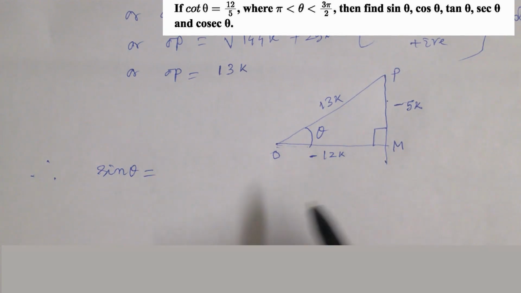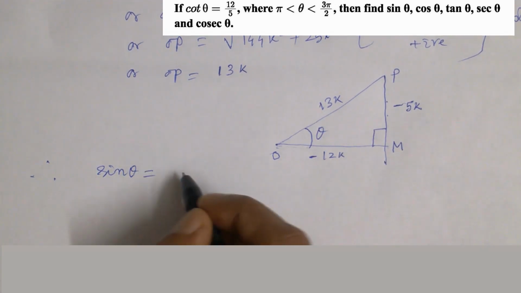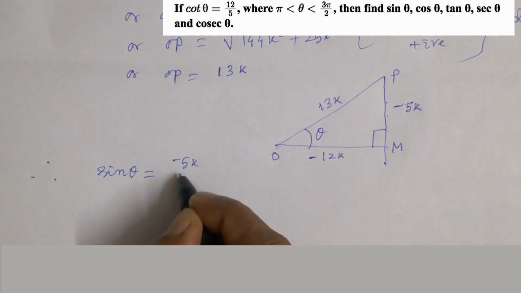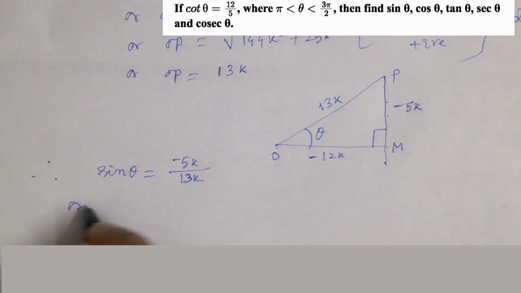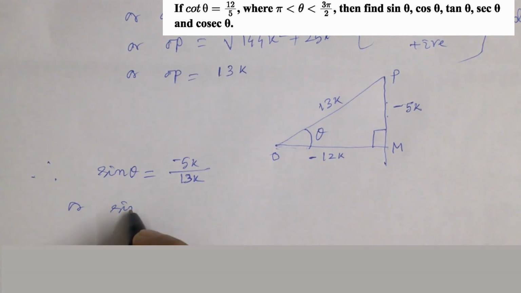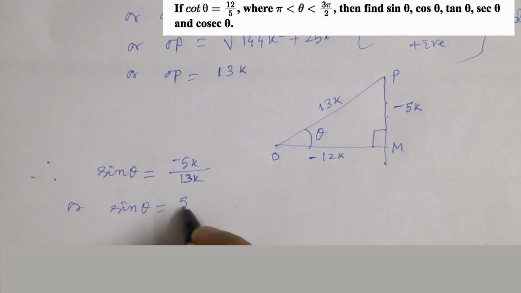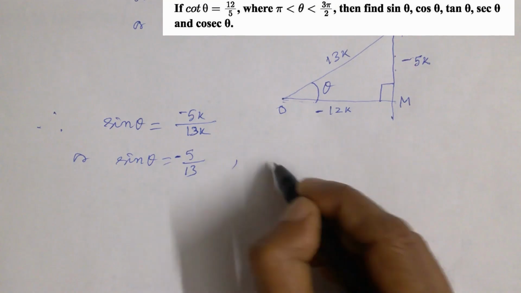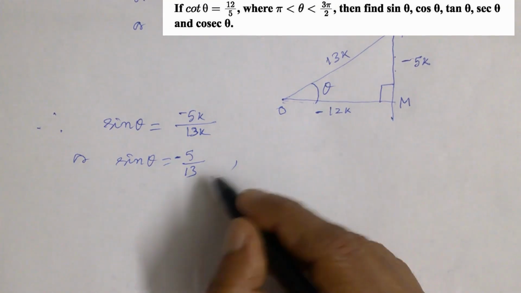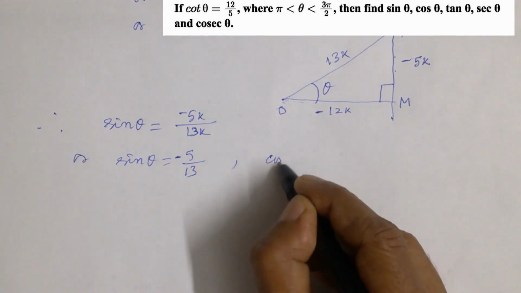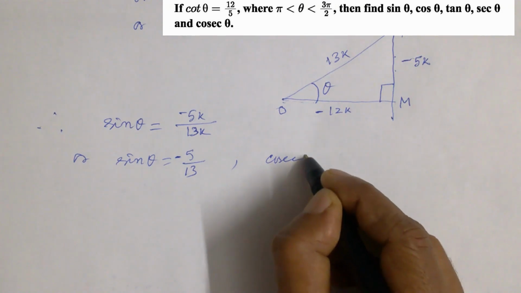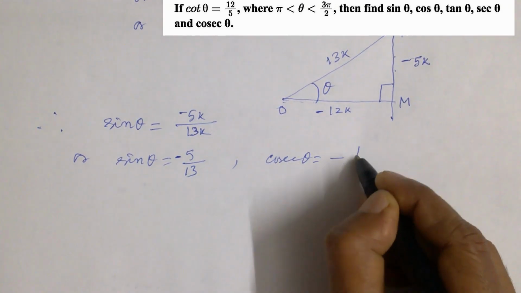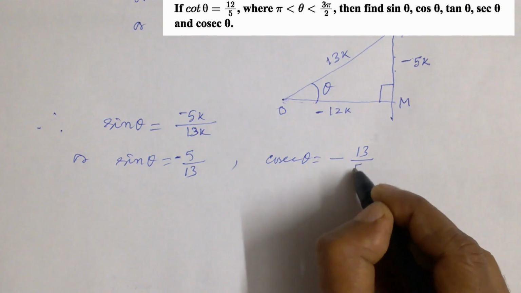Sin theta is equal to perpendicular by hypotenuse, minus 5K by 13K, or sin theta is equal to minus 5 by 13. As cosec theta is the reciprocal of sin theta, cosec theta is minus 13 by 5.